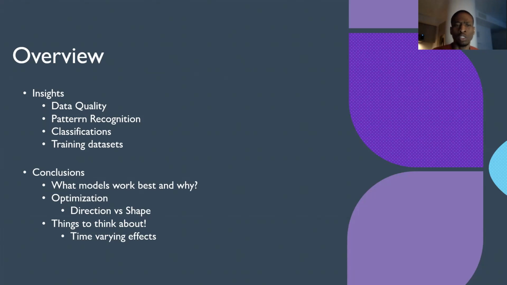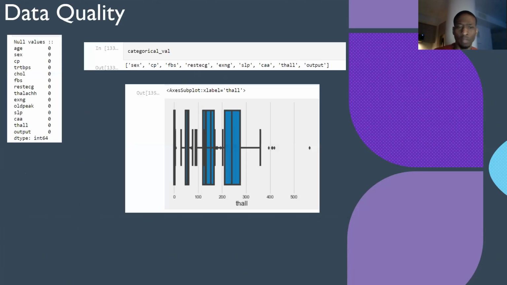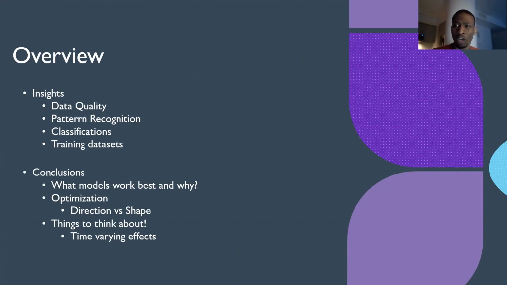In terms of conclusions, I'm going to focus on what models work best from an accuracy standpoint and why, and then optimization when it comes to getting insights that are not really at steady state, which would be an onset of something that could be physically impairing to an individual from the information provided. And then things to think about in terms of time varying effects and what models could work best.